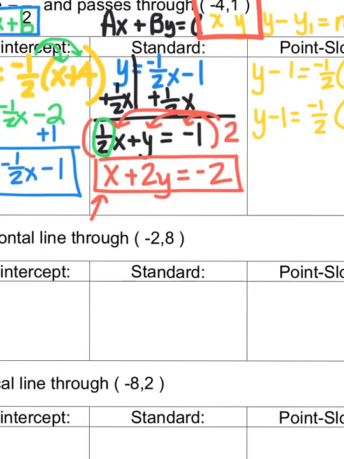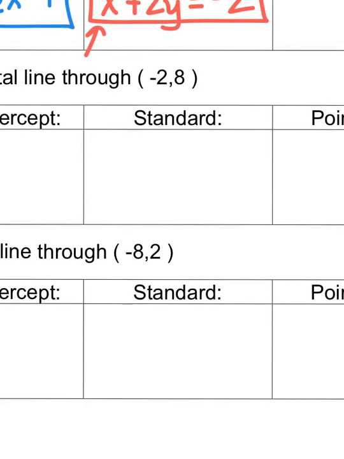Let's go on to number 2. We have a horizontal line through (-2, 8). When you see horizontal line, I want you to think HOY. It's a horizontal line. It will have a 0 slope, but it will be a y-equals equation, and that's what we need to use here. So what will y equal?